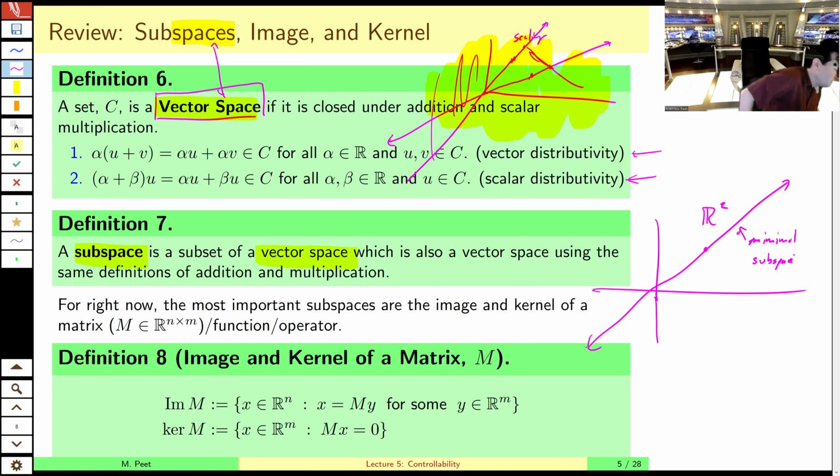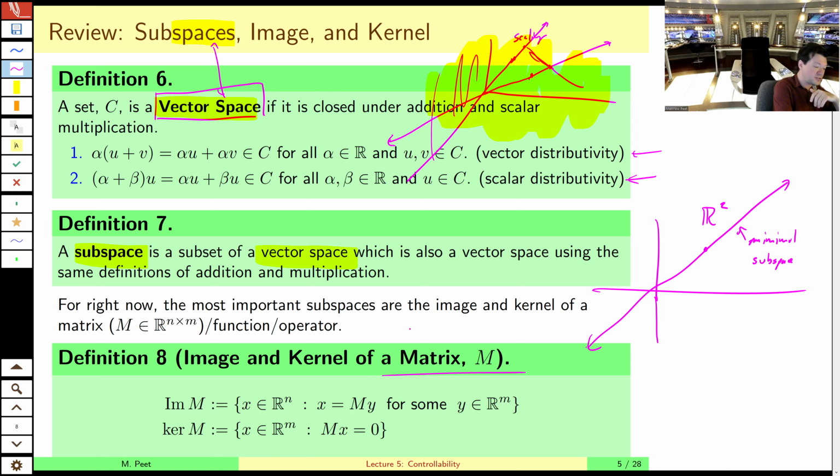The subspaces you're probably most familiar with, and I do assume you've taken some courses in matrix algebra here, that was sort of a requirement for the course. The two subspaces that we consider most often are those associated with matrices, right?